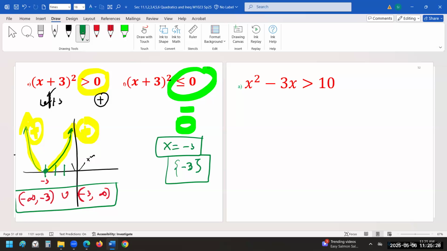So we have to have a 0 on one side. What is our first step? Subtract 10 so that we can see 0. Minus 10, minus 10. So we have x squared minus 3x minus 10 bigger than 0.